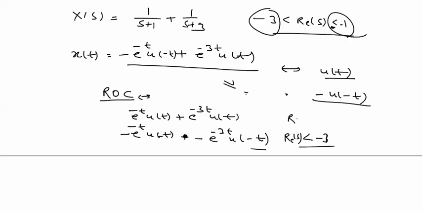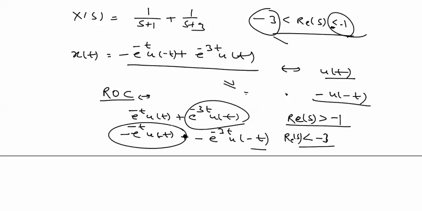In case ROC is greater than the particular value minus 1, it is the first pattern. In the last case, it is in between. Greater than something means we follow this pattern, and less than something we follow this pattern. The combination of these two writes the expression. And the fourth one does not exist. Only three cases exist with this transform.